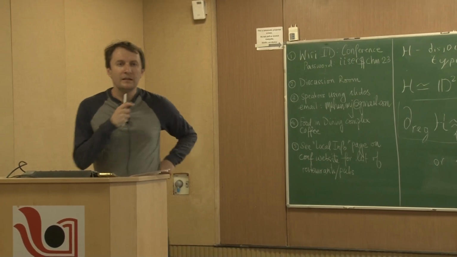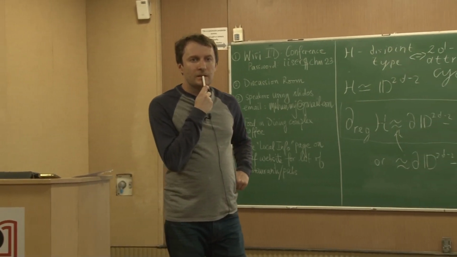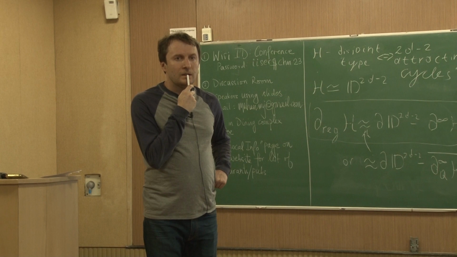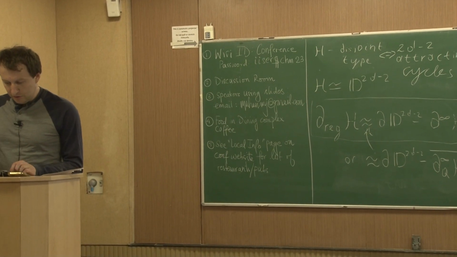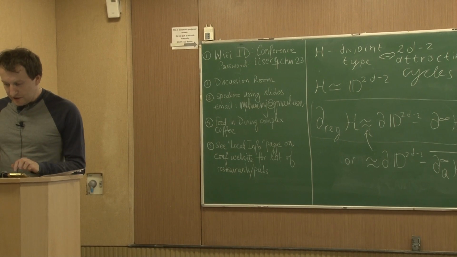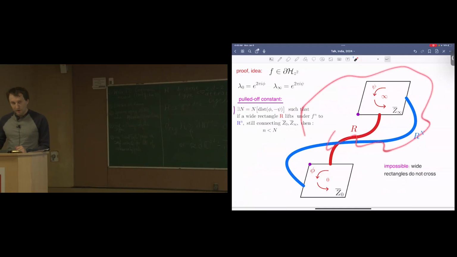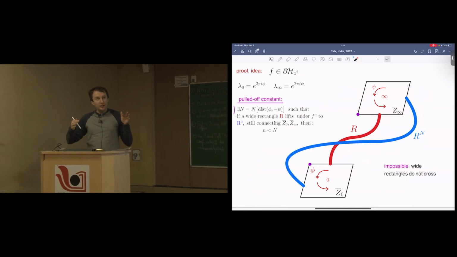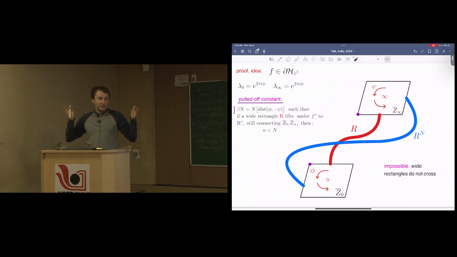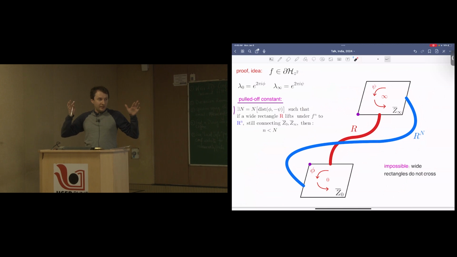Did you make any assumption about the homotopy type, homotopy class of this curve joining? No. So here it's just an annulus. So in fact here, our rectangle is the full annulus. So the statement just means that we have an annulus.